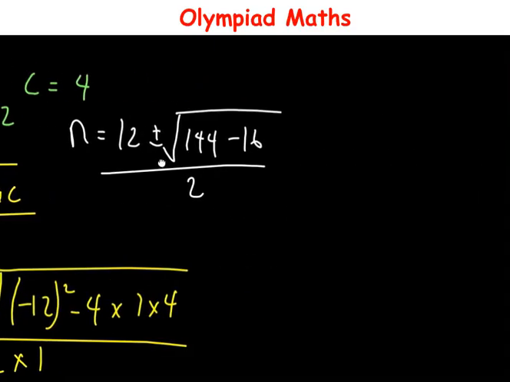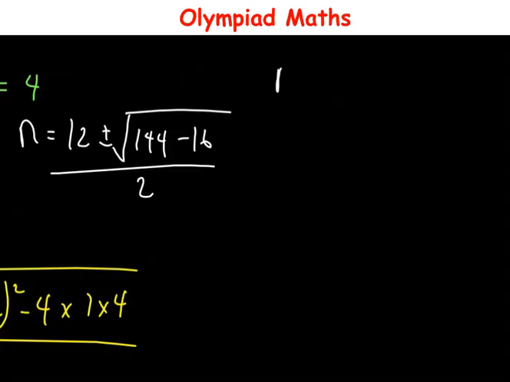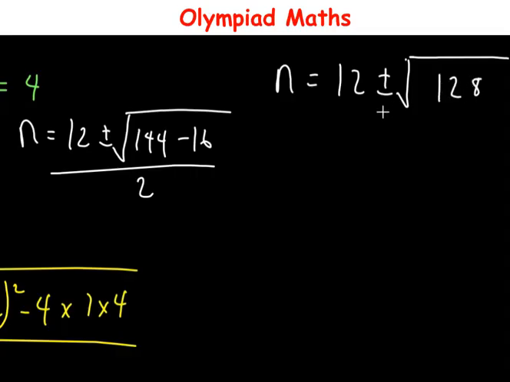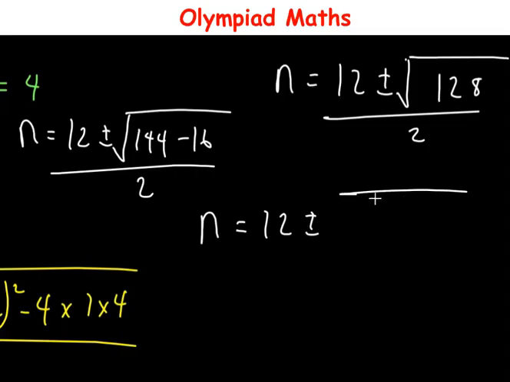So with this, the value of n is equal to 12 plus or minus root 144 minus 16, which is simply 128, all over 2. Such that with this, n is equal to 12 plus or minus, we can write root 128 as root 64 times 2, then all over 2.